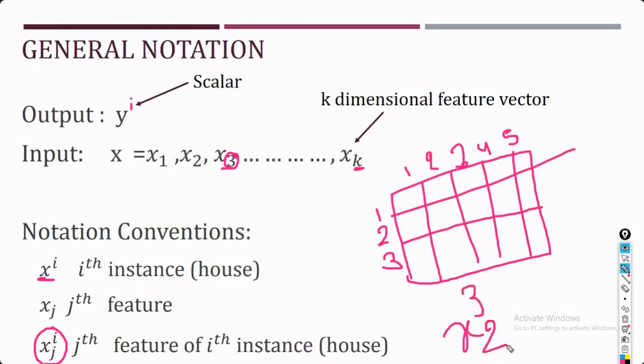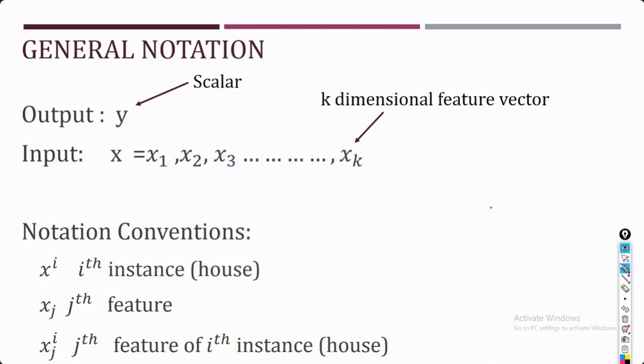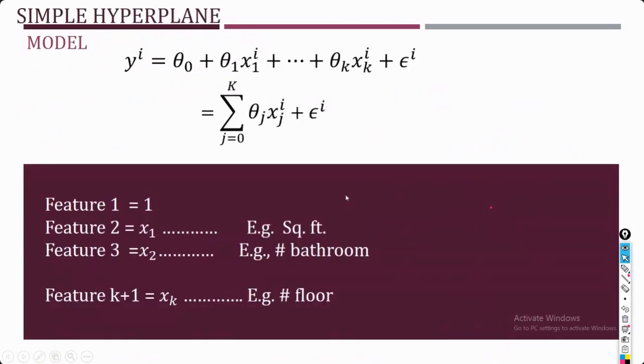That means the entry I want is the second feature of the third instance. So this is going to be the case. This notation we are going to follow for the rest of the class.